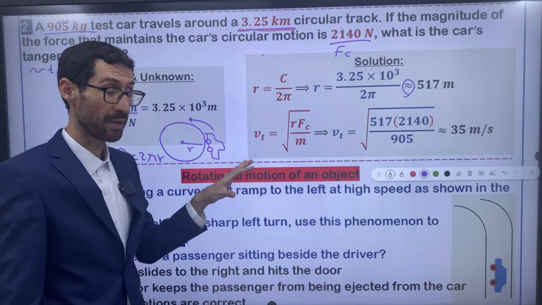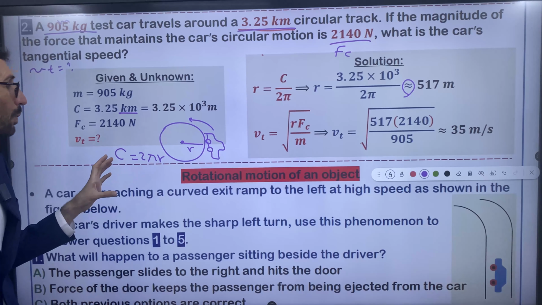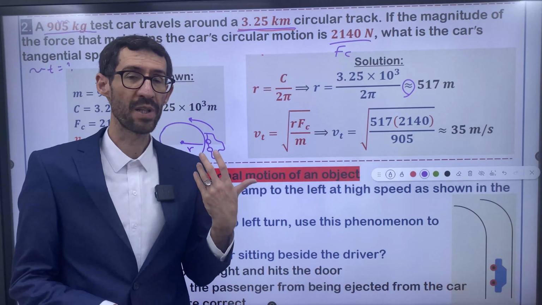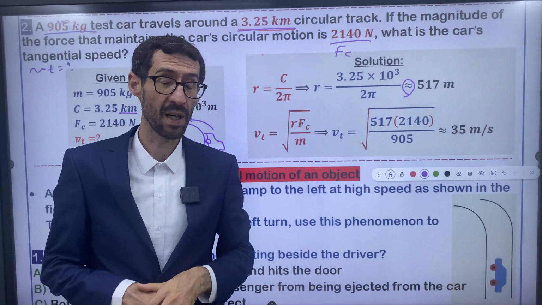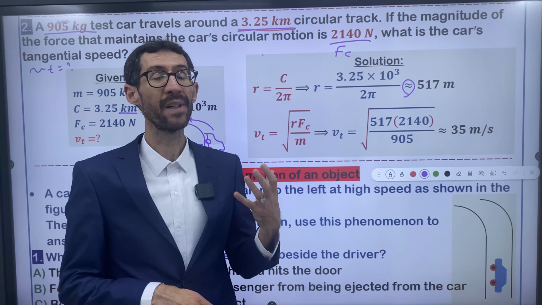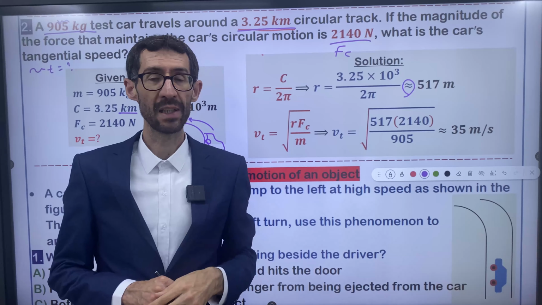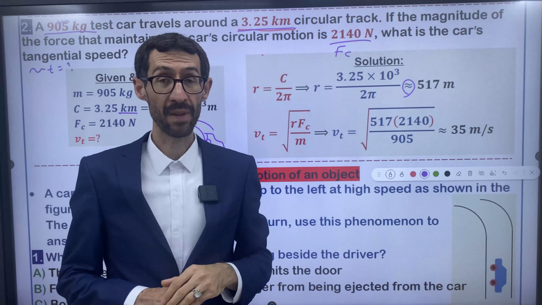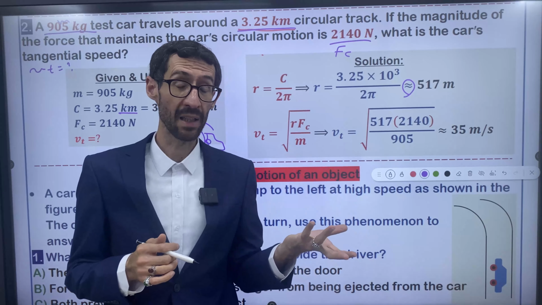Right now, the information is available. Everything is ready for finding the Vt. I want you to focus on the rules and reinforce your mathematics, because mathematics is the language of physics. Whenever you want to write the rule for any variable in physics, you have to use cross multiplying.